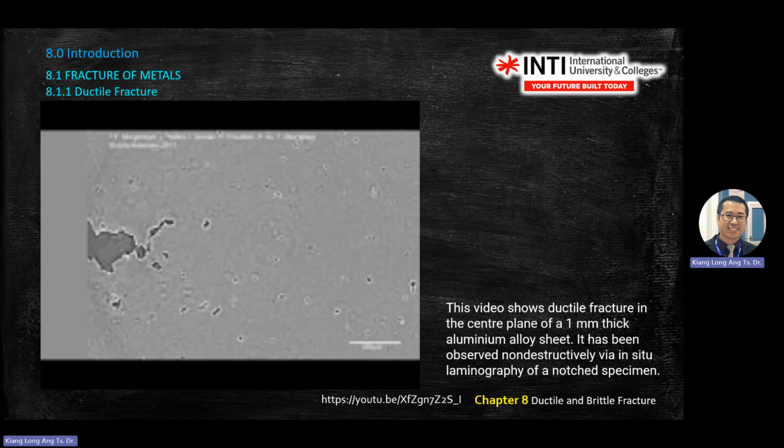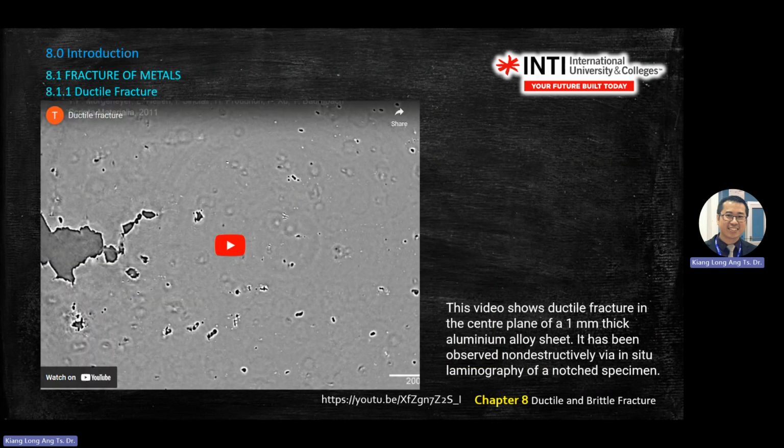Okay, so this is a video of how brittle fracture happened at the center of a plate, a 1 mm thick aluminum alloy sheet. This was observed under NDT. NDT is non-destructive testing. If you're interested in testing materials, one area you can study or work in is NDT, as an NDT expert in materials. That is also in very high demand.